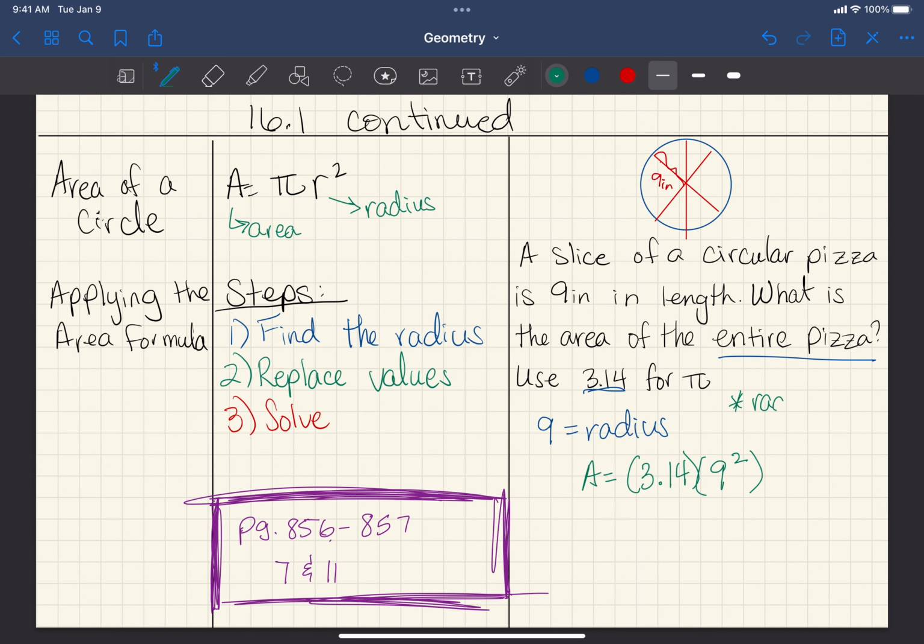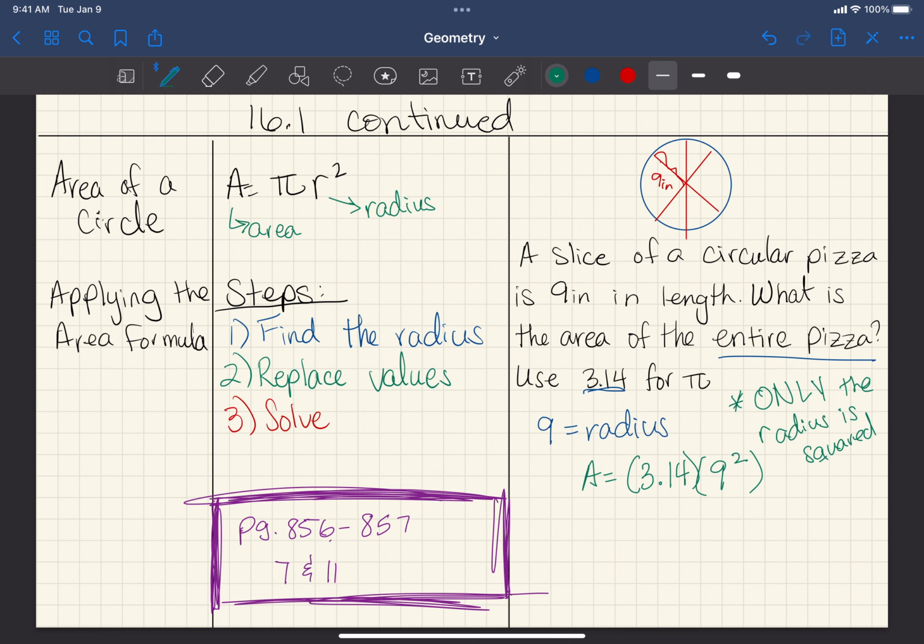Actually, let me write that. Only the radius is squared. It is a very common mistake to do the 3.14 times 9 and then square that answer. That is not the case. The formula, when you actually hear it said, like you'll hear me say in class, is pi r squared.